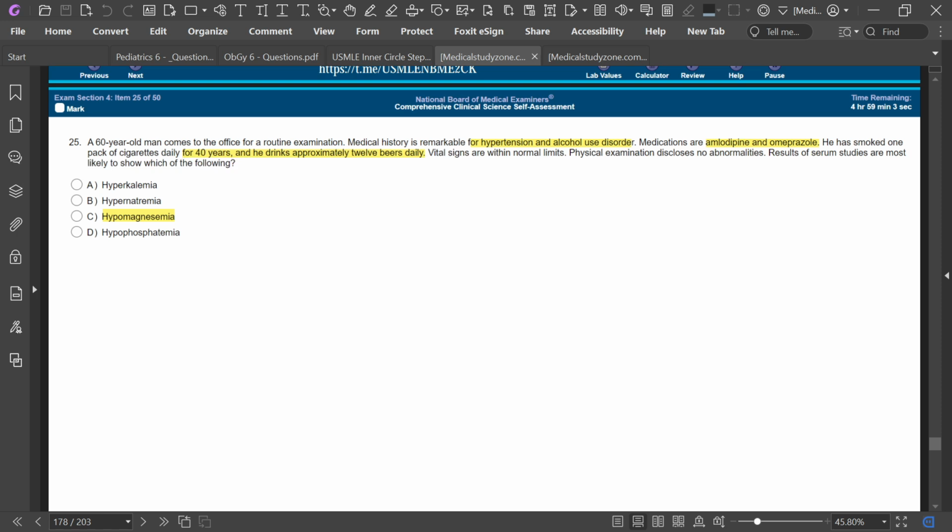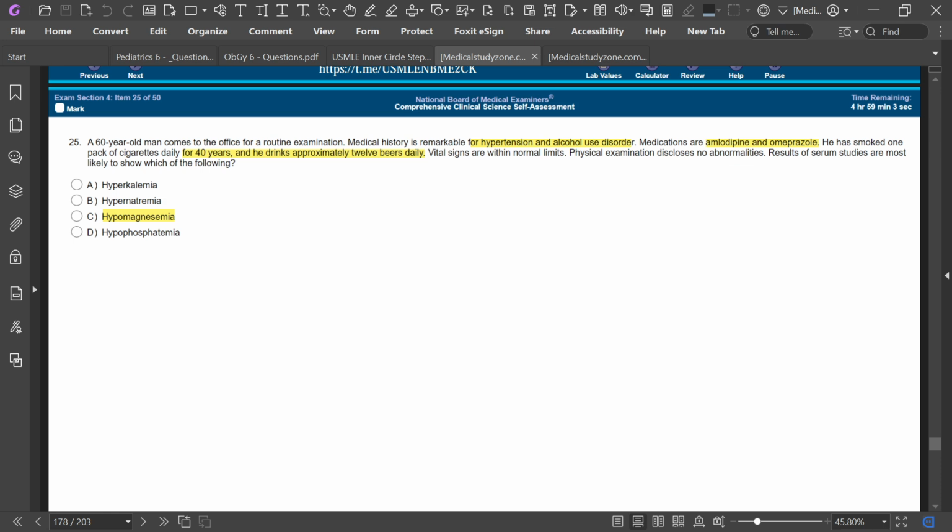So diarrhea, alcohol, aminoglycoside or amphotericin, these drugs, and the diuretics: DADA or DAAD.